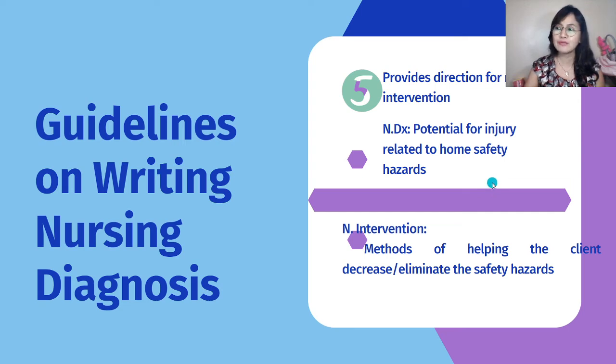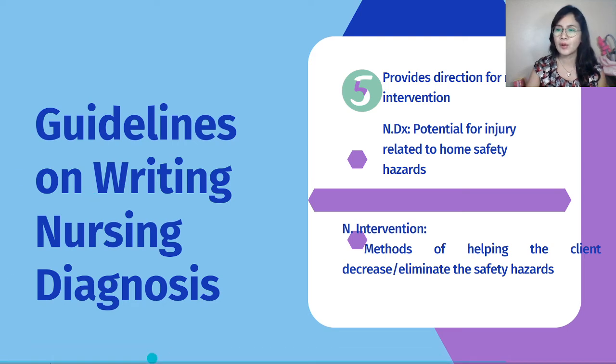So if the nursing diagnosis says that there is a potential for injury related to home safety hazards, then most likely the nurse will create a list of interventions that could prevent harm to the client. The nursing intervention could be methods of helping the client decrease or eliminate the unsafe environment.